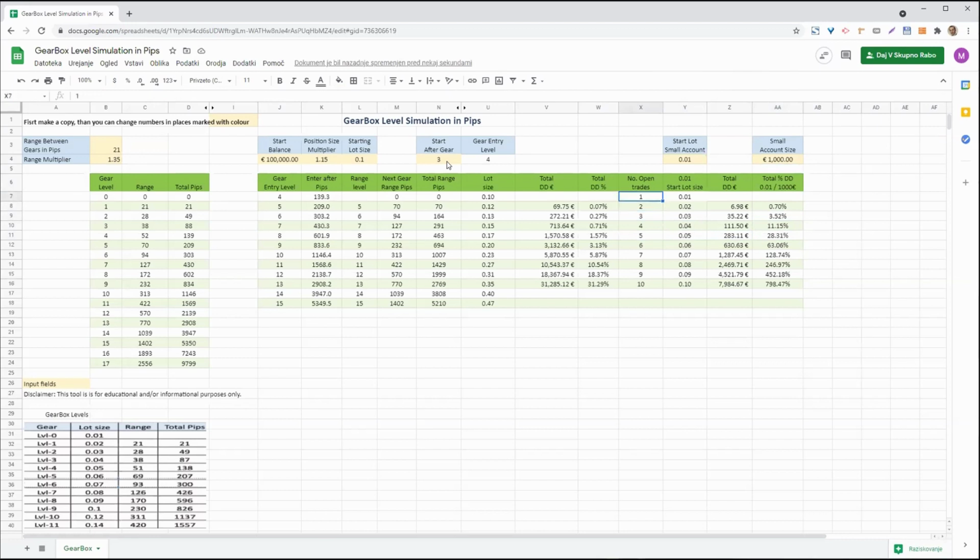So here we have levels, and here we have lot size. So if I have about $3,000, I will put 0.02 at the start. In this case, you will see the first trade will be size 0.2, next 0.3, and next 0.4, and so on.